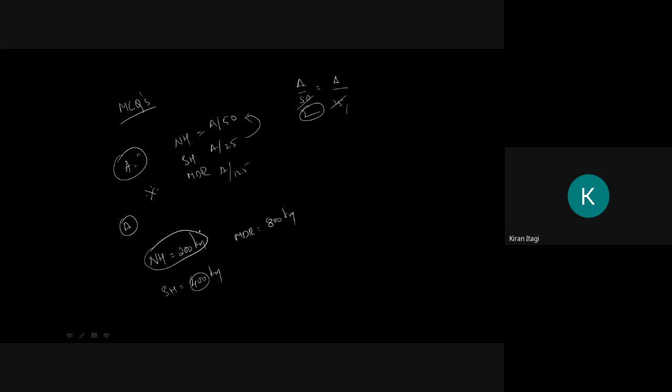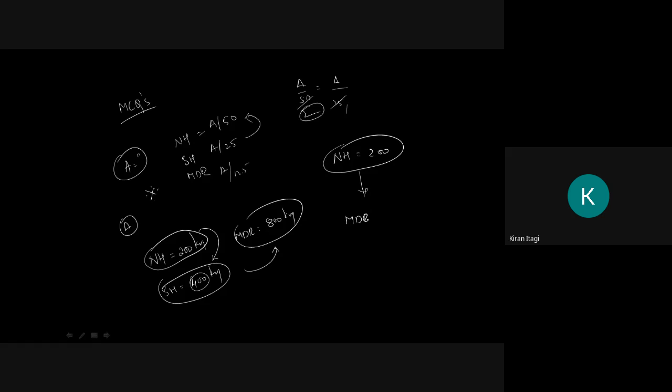Therefore the state highway will be double the national highway, and the major district road will be twice the state highway. Or he may give the length of the national highway and ask to determine the length of the major district road. It will be 4 times, that is 800 kilometer. He may ask like this.